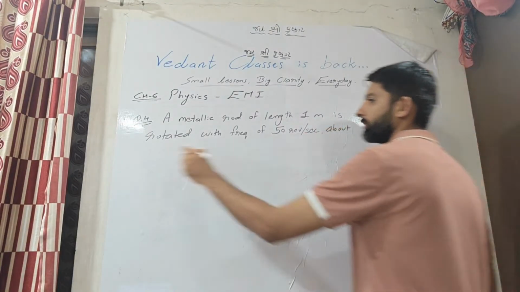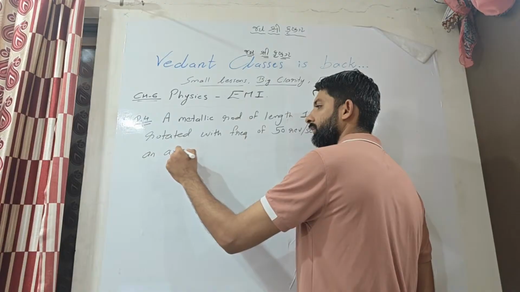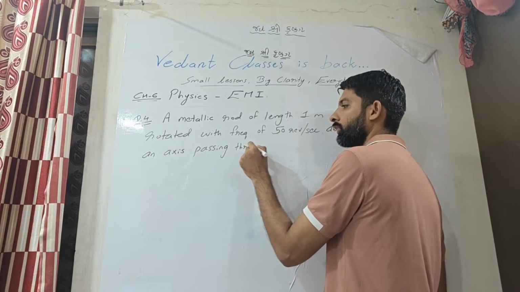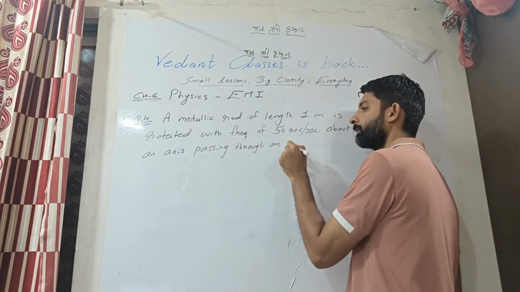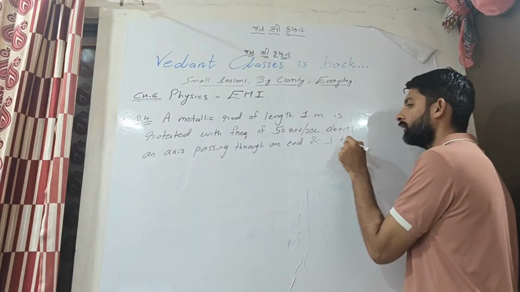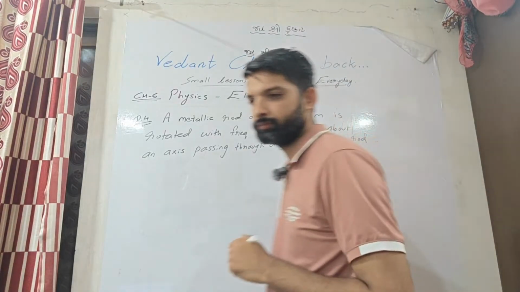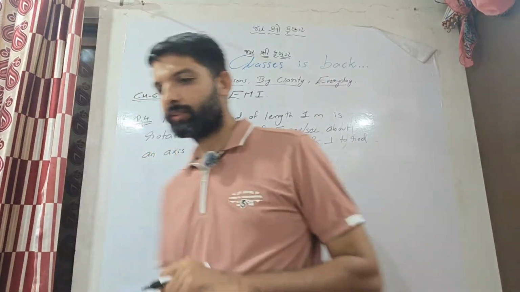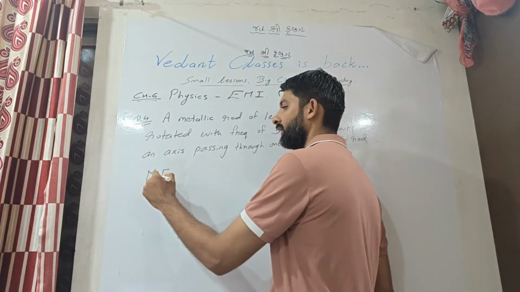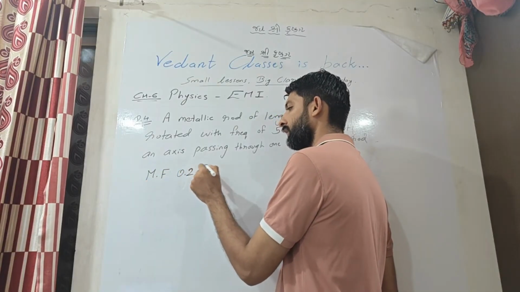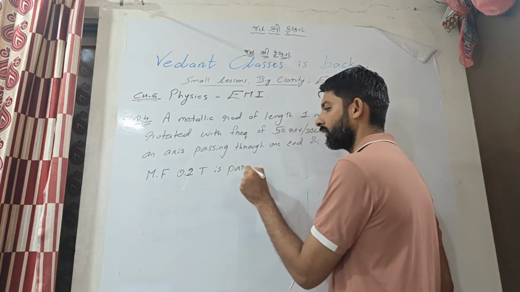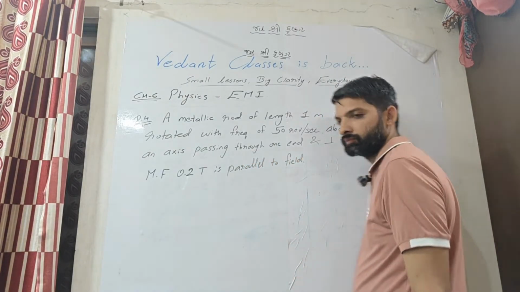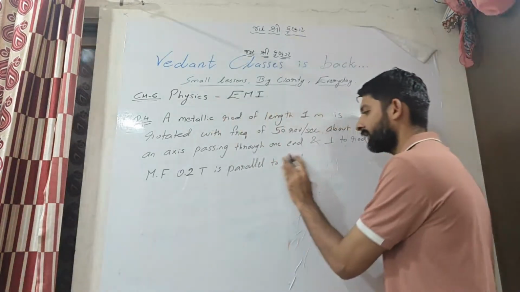Magnetic field 0.2 Tesla is parallel to the axis.